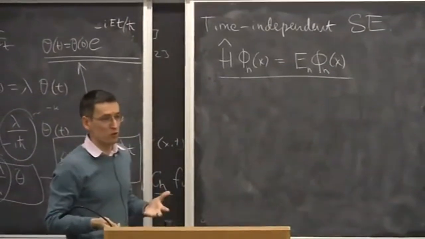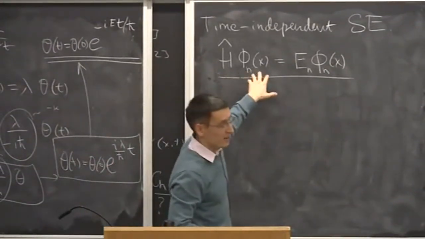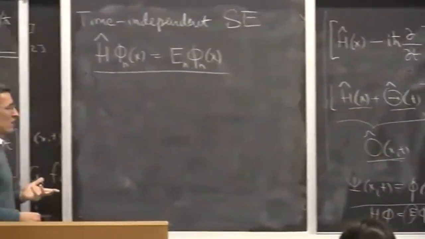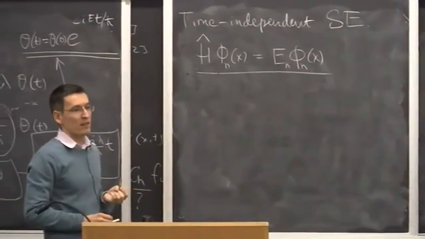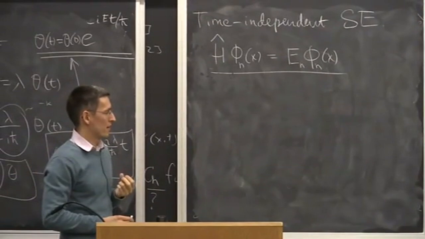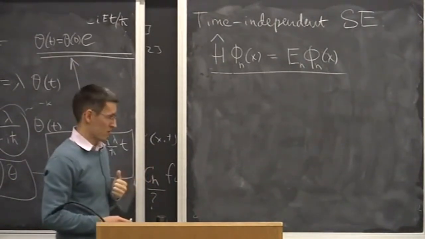So the question is, what do I do with that? Which one do I take to construct this one? And the answer to that is actually quite simple. It doesn't really matter. And it's usually defined by initial conditions.